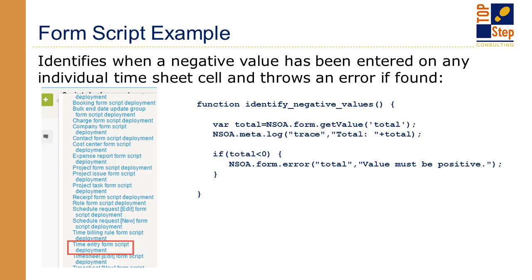Now, where did I get this? How did I find this all? This is going back to what we talked about in terms of the Function Explorer. The Function Explorer would show you this nsoa.form.getValue, and it would show you this is what you use to get a value off the form. And then there's a Form Explorer in there as well that you can use to see what the form fields on this form are, and you can pick the one you want.